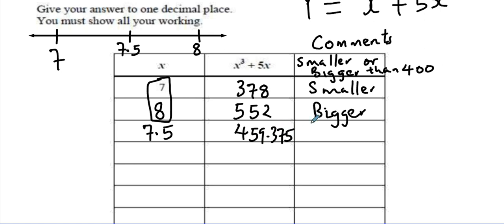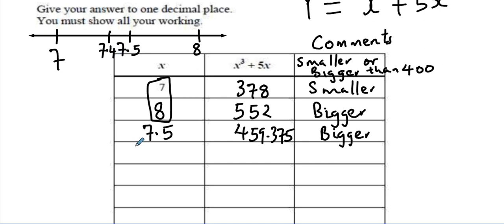Now, when you compare with 400, that is bigger than 400. Now, since 7.5 has given us the bigger result, we'll be trying numbers which are less than 7.5.